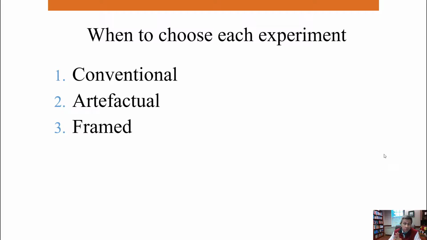Well, then maybe you could use it. But otherwise, you're not going to be able to generalize to the public at large if you're only using a sample of college students. So for a conventional lab experiment for auctions, I'd recommend it only if you're looking to test a theory. If you're thinking, what would happen if we changed this thing in our auction design? How would people react? That's perfect for a conventional experiment.